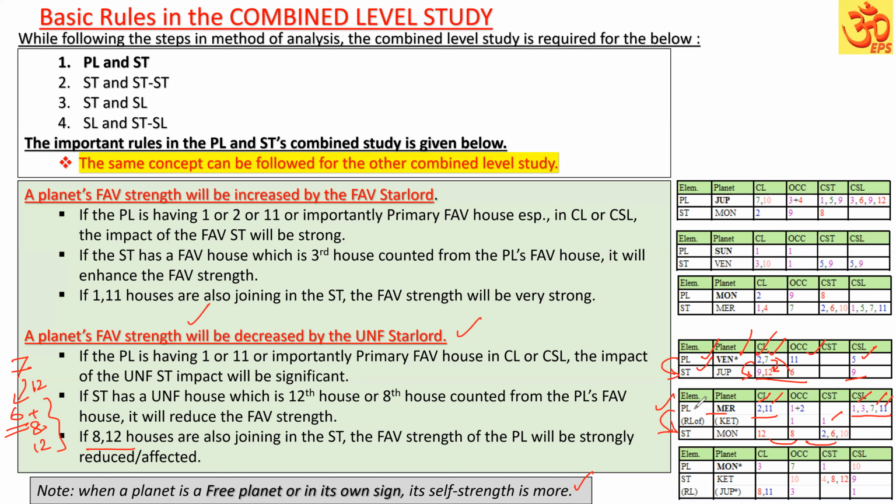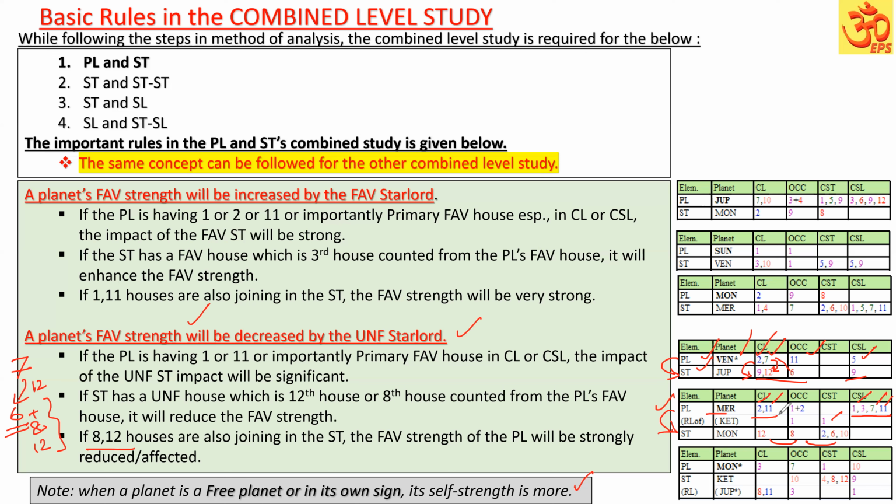Now look at the combined level, 2, 11 in the star of the planet of 12 and 8. These houses are not supportive to the Lagna and also to the event, because 12, 8, 6 and 10 groupings are there.